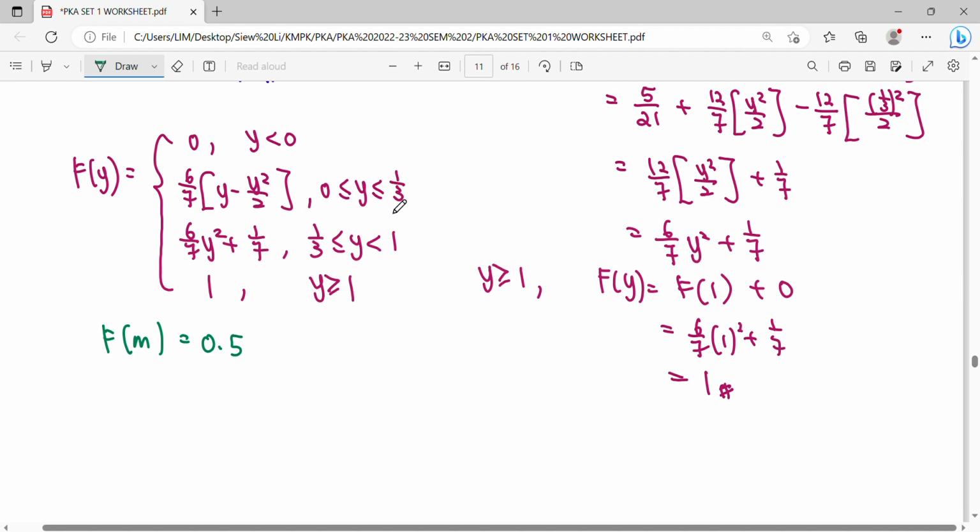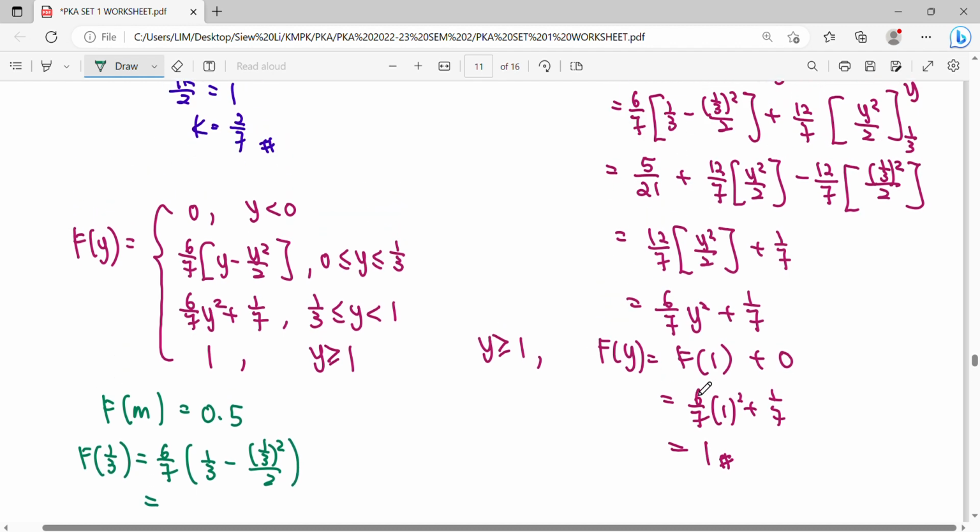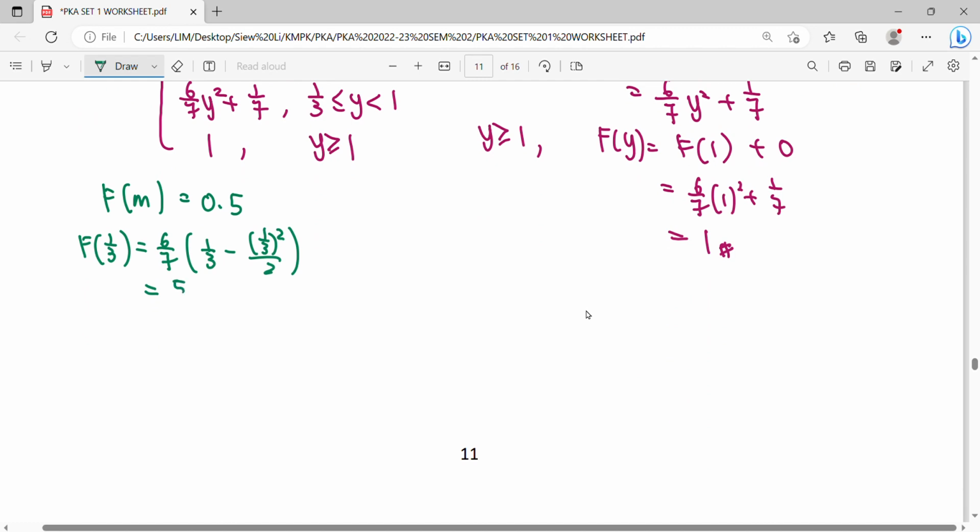For this interval, when you accumulate up to 1 over 3, is this the median class? 1 over 3 minus 1 over 3 squared over 2. Does it reach 0.5? It is 5 over 21, correct? So not yet median.